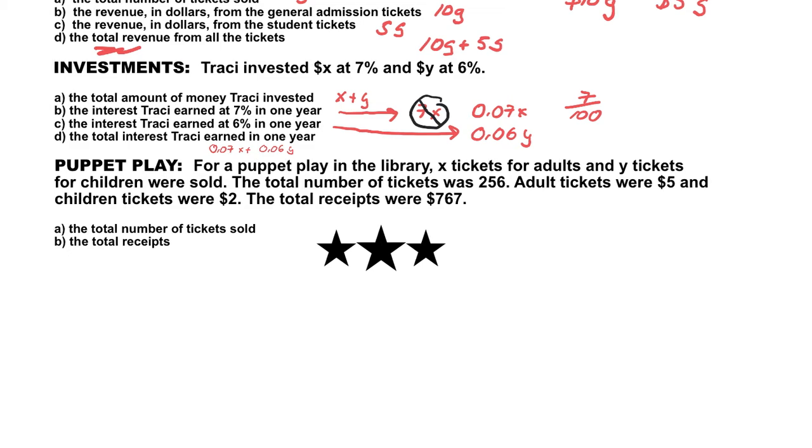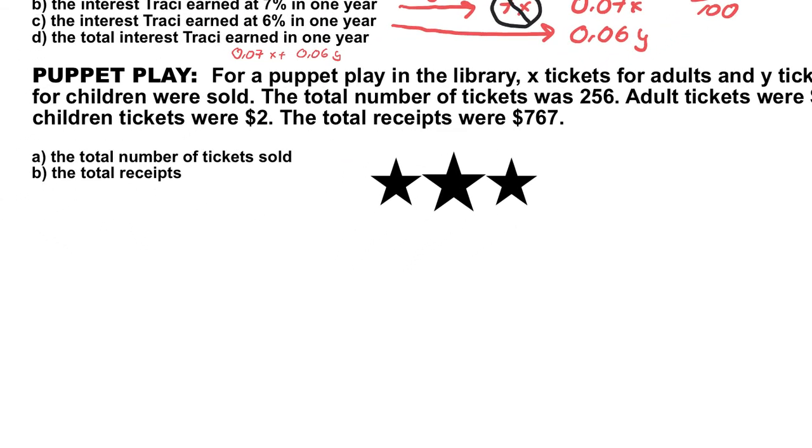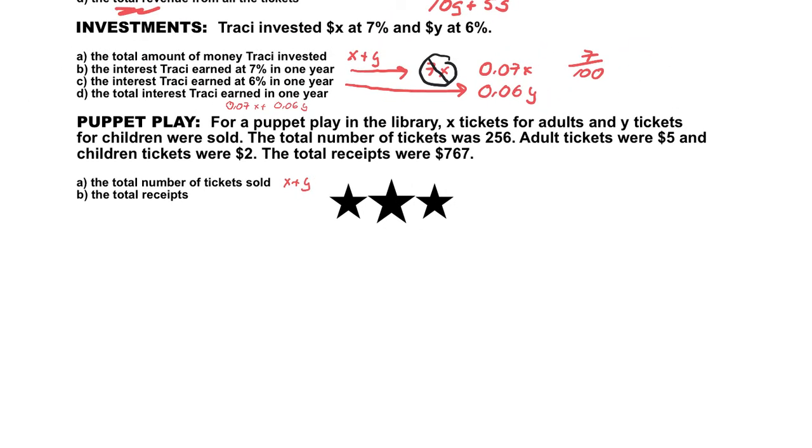So here, this is more an example of moving into equations, but simply the total number of tickets sold would be the X plus Y. And the total receipts were 5X, so $5 per adult, and $2 per child.